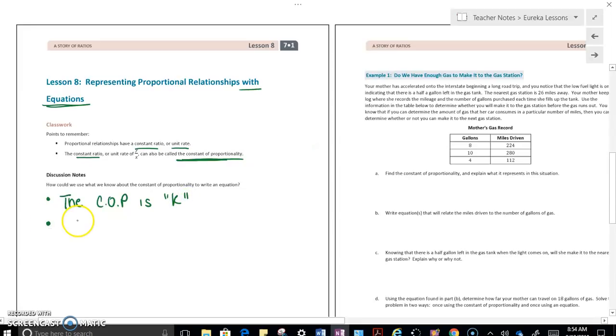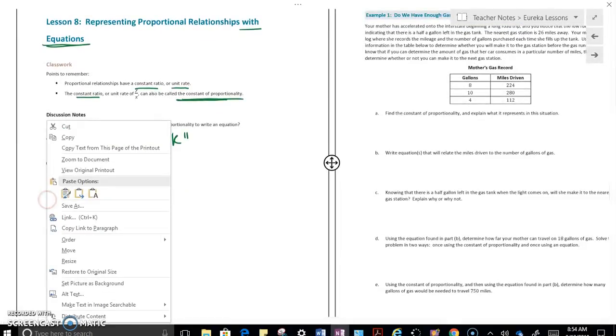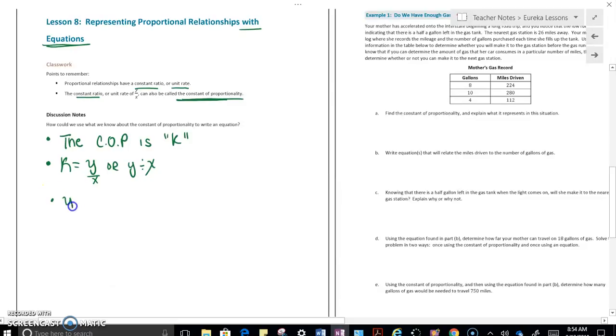And what do we know about k? k is equal to y over x, which is y divided by x. y and x are ordered pairs. The COP is also the unit rate.